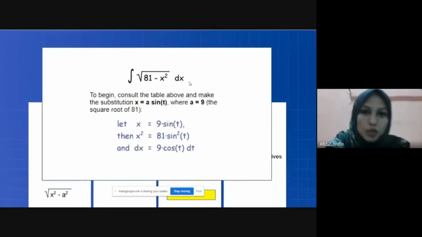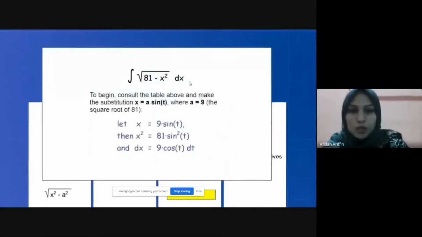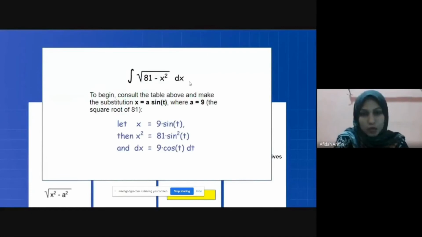For this, you will use the first one, which is x equal to a sine theta. After you identify, you will use some substitution to find the value of x, the value of dx, and the value of a. Based on this question, you have already found the value of a, which is 9. This is the first step.